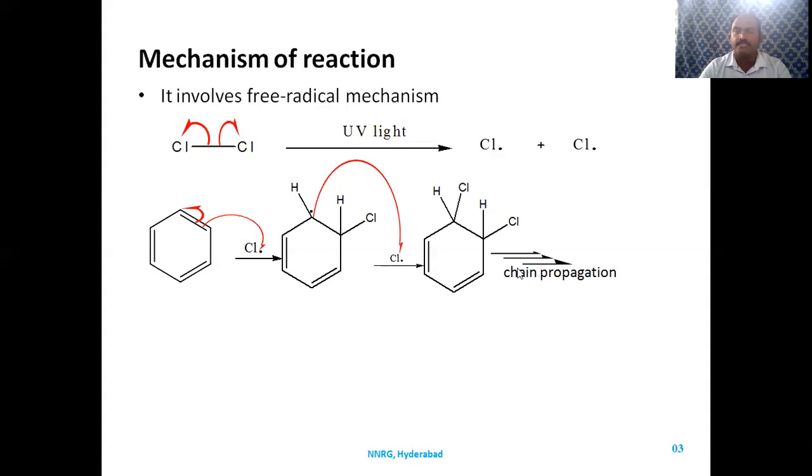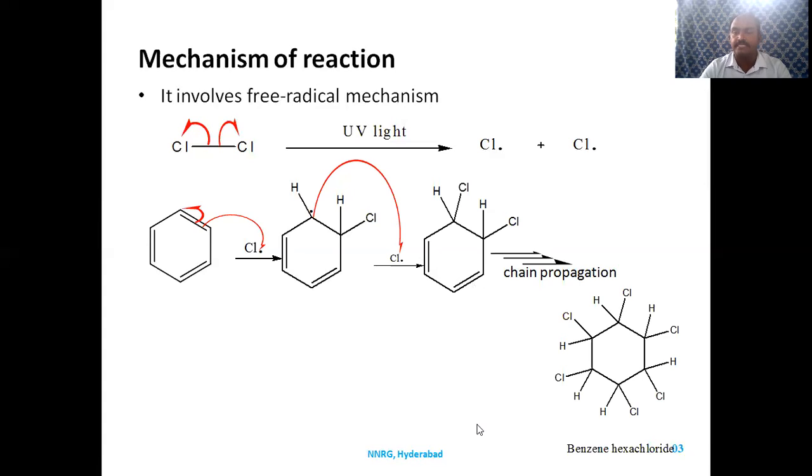In a free radical mechanism, there is always formation of free radical, propagation of free radical, and termination of free radicals. So here these two double bonds will undergo similar types of reactions. Chain propagation takes place and it gives rise to benzene hexachloride.